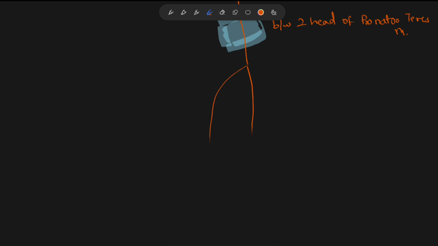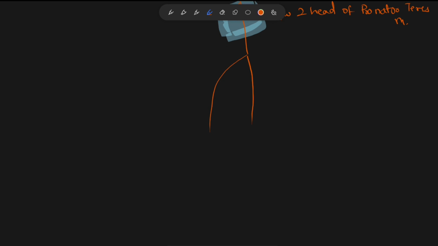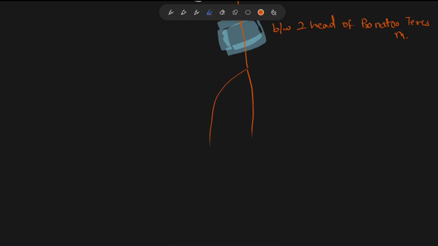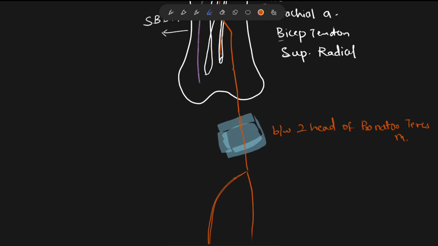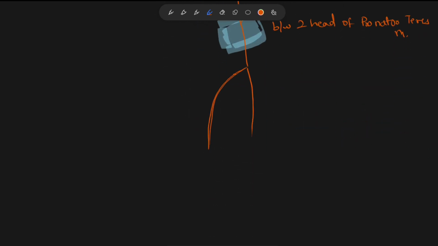So let's see how it gives two branches. This is the anterior interosseous nerve. We remember that the posterior interosseous nerve was formed by the radial nerve in the posterior compartment, the extensor muscles. Here the anterior interosseous nerve is a branch of the median nerve in the forearm. In the muscles we have superficial and deep muscles.